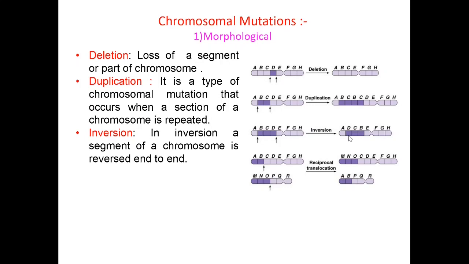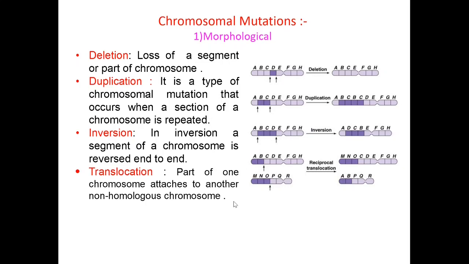It is reversed DCB. So this is the inversion type of morphological chromosomal mutation. Now, translocation. It occurs when a part of one chromosome attaches to another non-homologous chromosome.